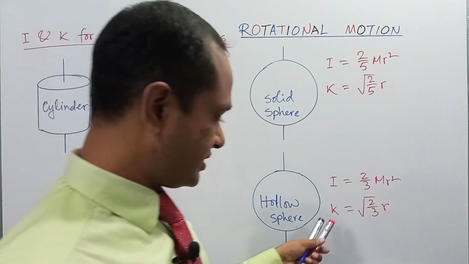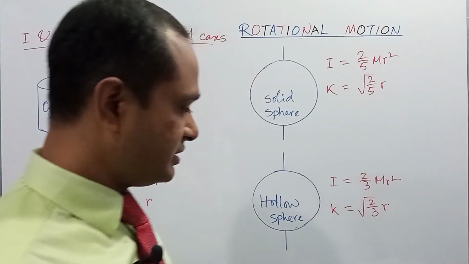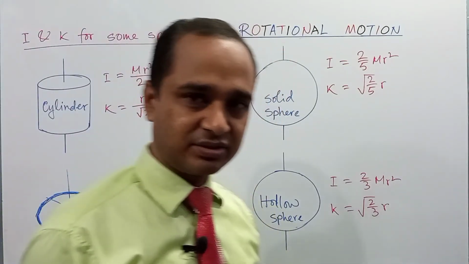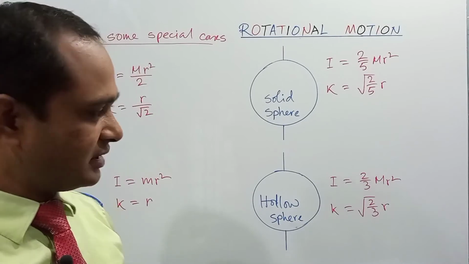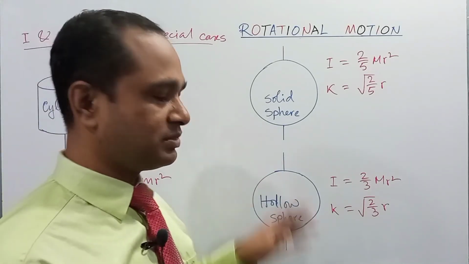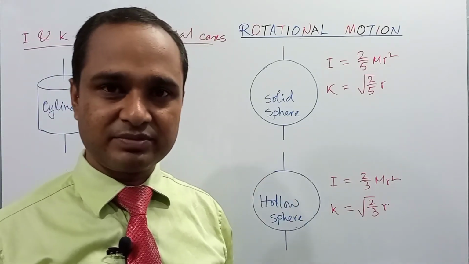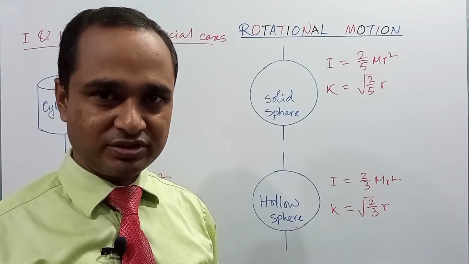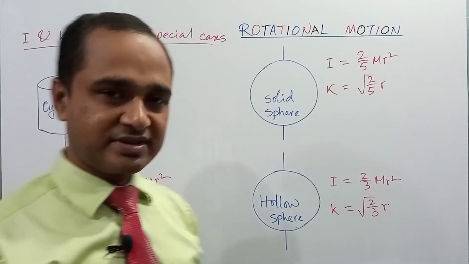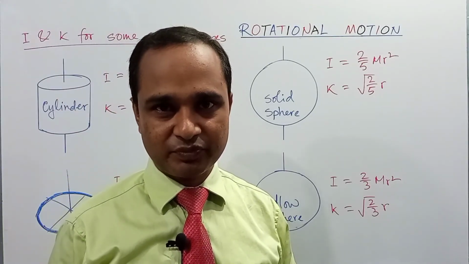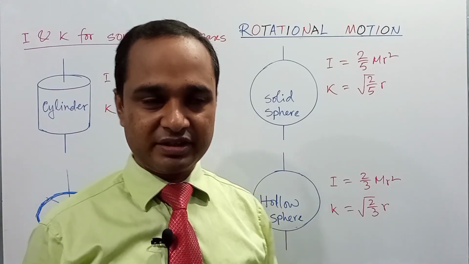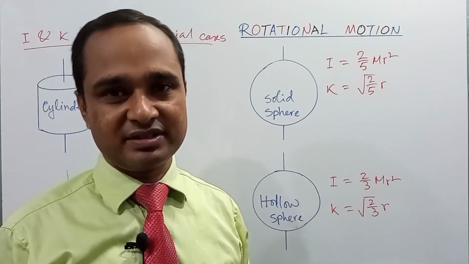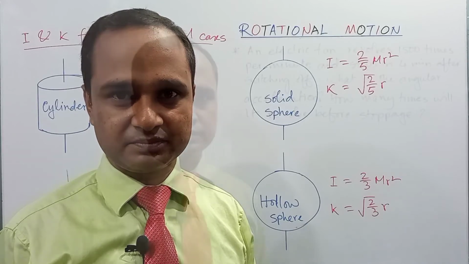And the radius of gyration will be root 2 by 3 into r. So, dear student, I hope you got it. I have already mentioned that you need to memorize this type of expression for your MCQ exam and creative portion. Now we are going to see some mathematical problems and creative questions based on the topic discussed in today's class.